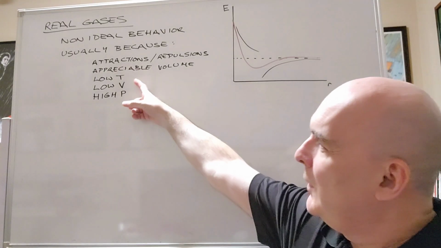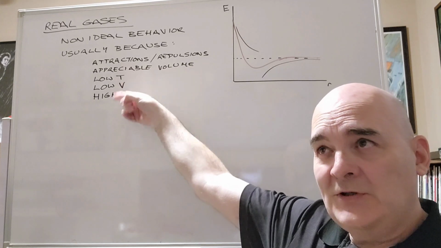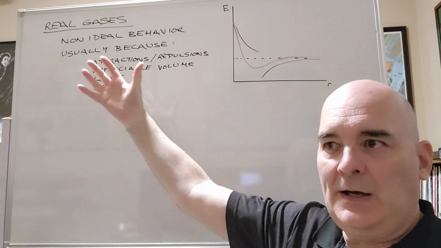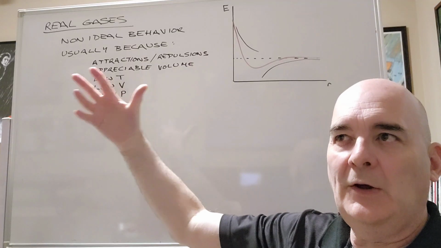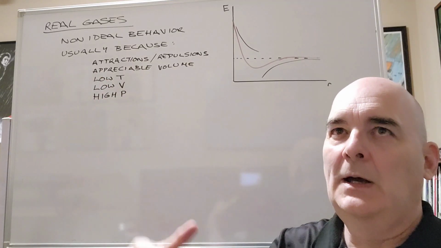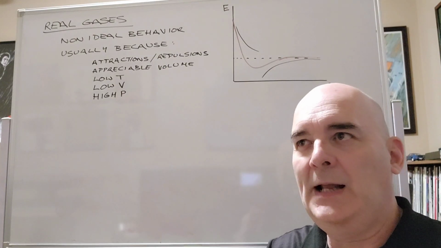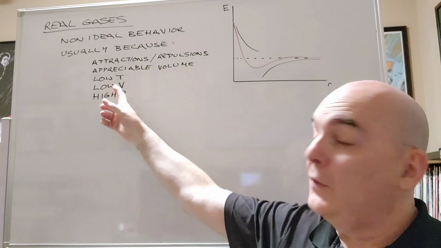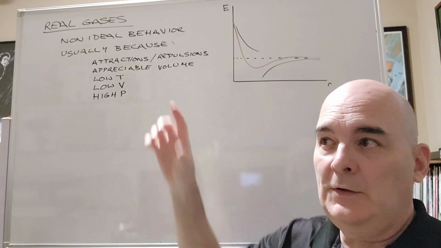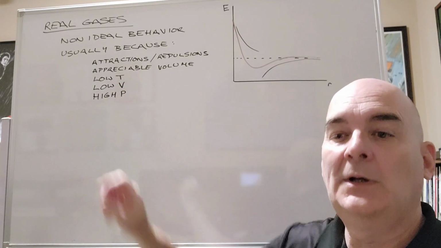This is most likely to happen when temperatures are low. When temperatures get very low, the particles slow down. They're more likely to coalesce at low velocities. Particles approaching each other are more likely to interact. At very low volumes, you have the potential to have a high pressure.